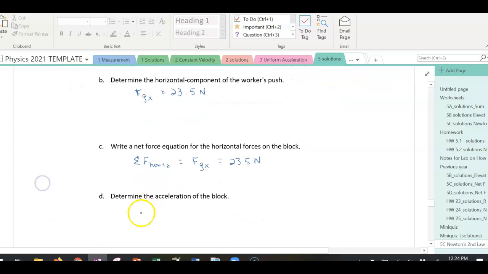And so the acceleration is the net force in that direction, because that's the direction the box is moving. So it's going to be the net force in that horizontal direction divided by the mass. So 23.5 newtons divided by the 7 kilograms, which is 3.357 meters per second squared.